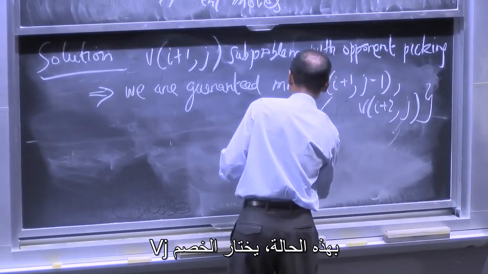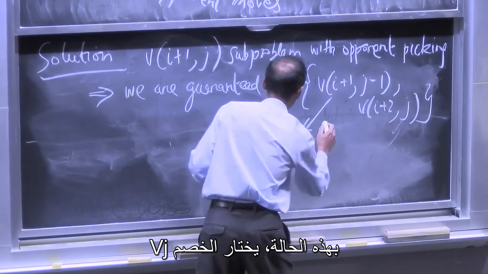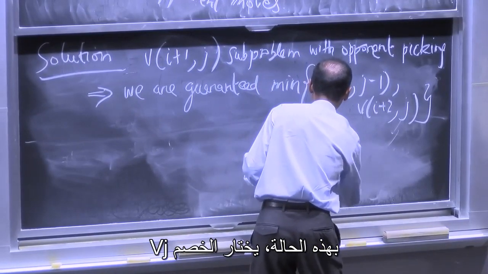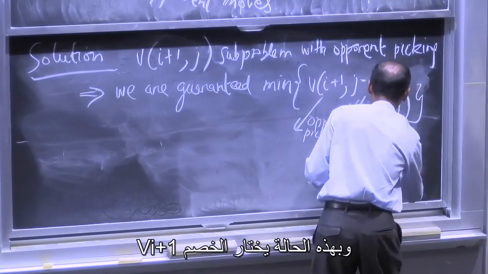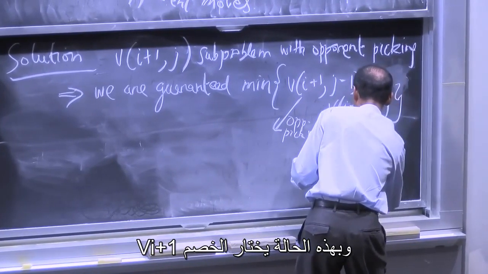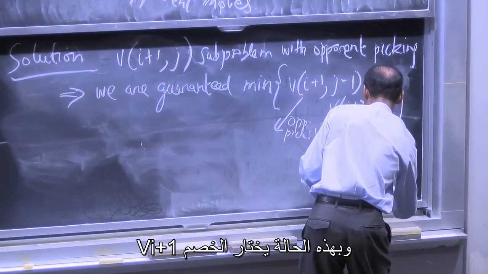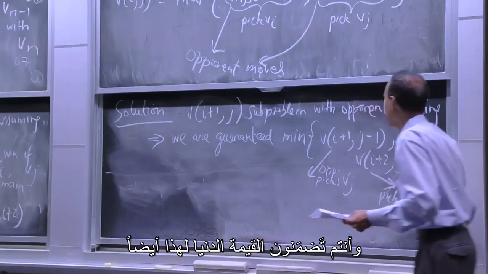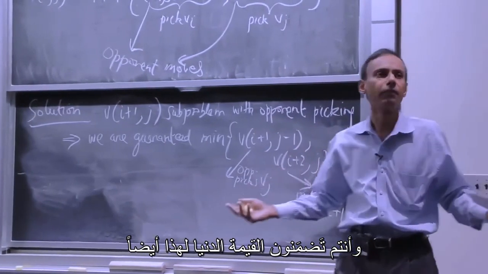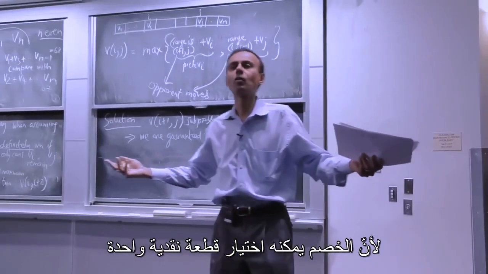In this case, the opponent picks vj, and in this case, the opponent picks v(i+1). Right? And you're guaranteed the minimum of these two, because the opponent can only pick one coin.